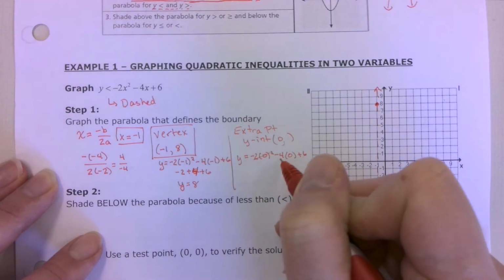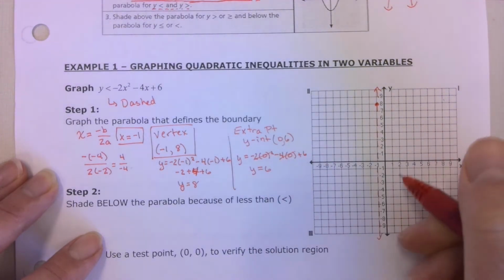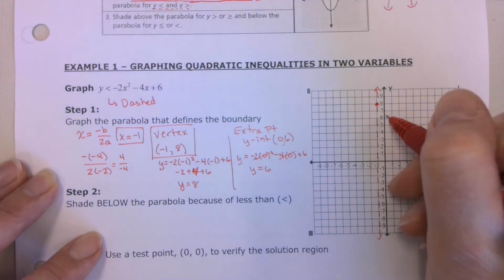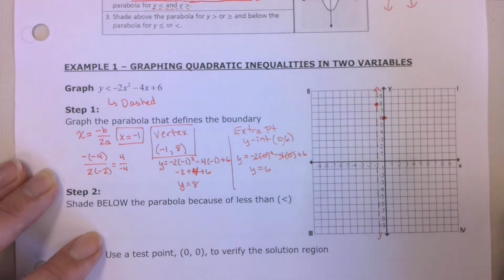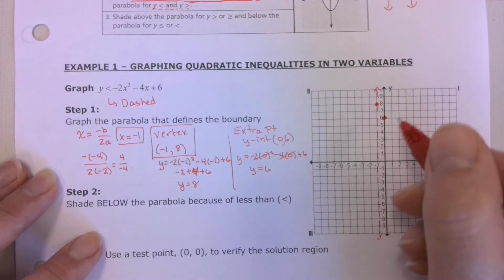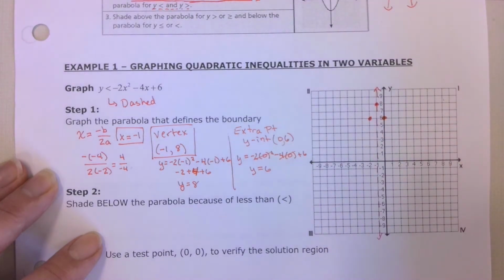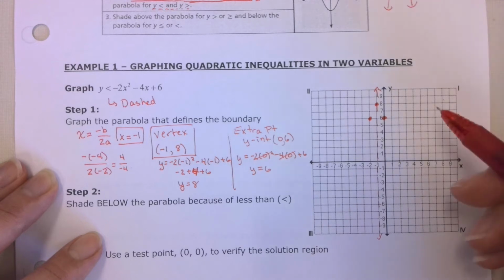So that zeroes out, y is 6. So using that, I'm going to graph it at 0, 6. And I'm going to use my axis of symmetry to help me reflect. So if I'm 1 unit to the right, I am now going to go ahead and graph it 1 unit to the left of my axis of symmetry. And we're just going to get a quick sketch here.